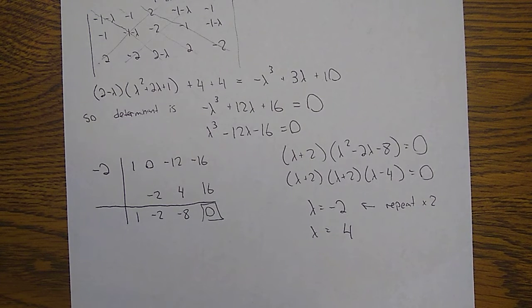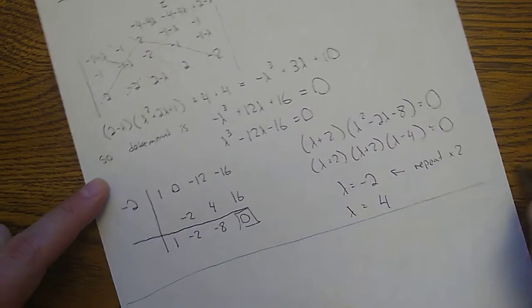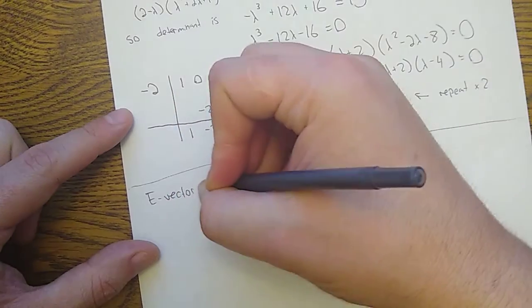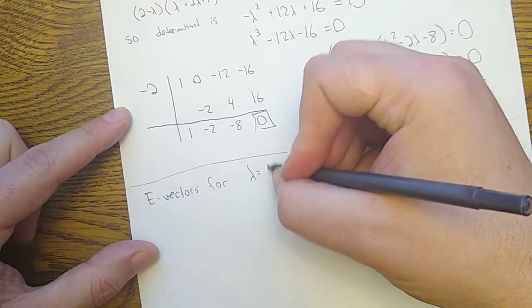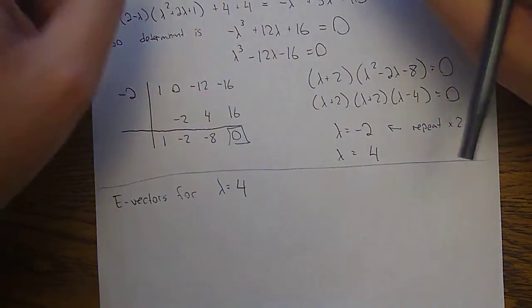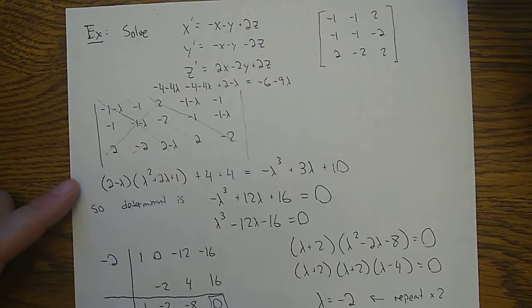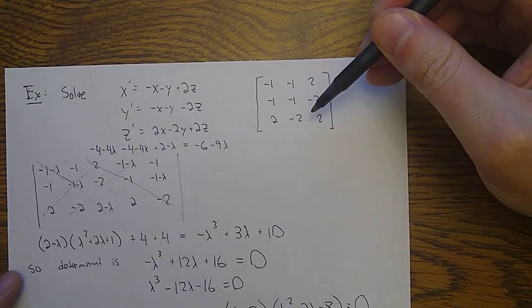Now I want the eigenvectors. Let me do lambda equals 4 first. This is where I go back to this matrix.